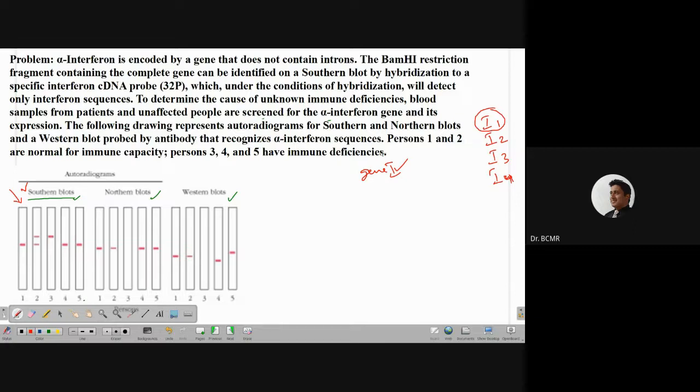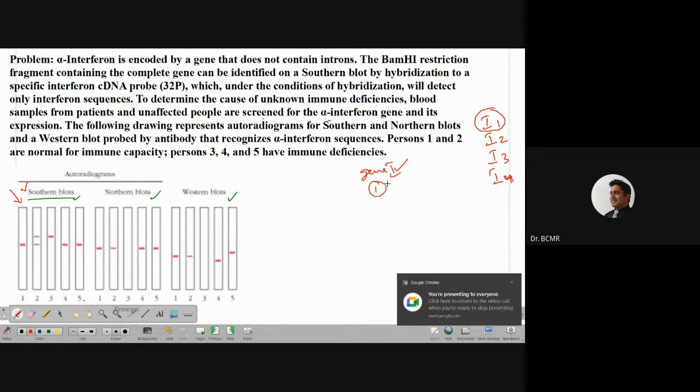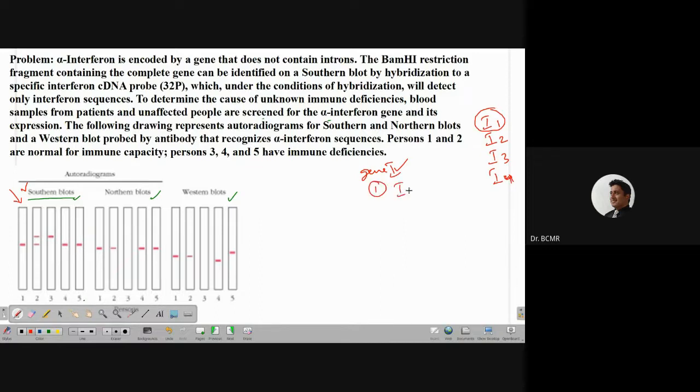Okay, person 1, we will take it as homozygous, because if it were heterozygous, it would have been different, right? But we cannot say that completely. What if there was a single nucleotide polymorphism? In that case, you would not be able to see two bands. You will only see one band, because the size of the gene or the fragment would not have changed.